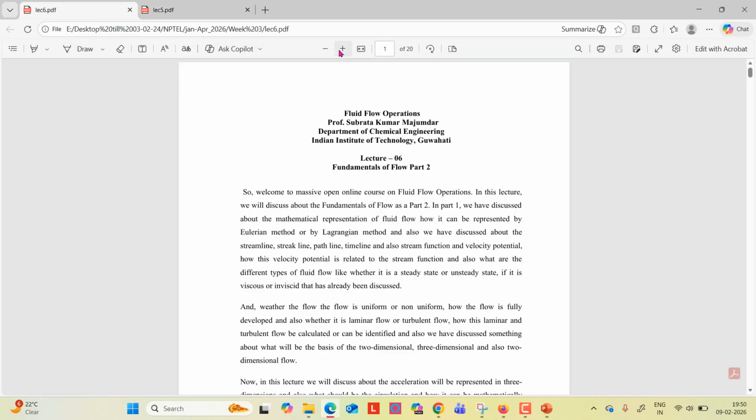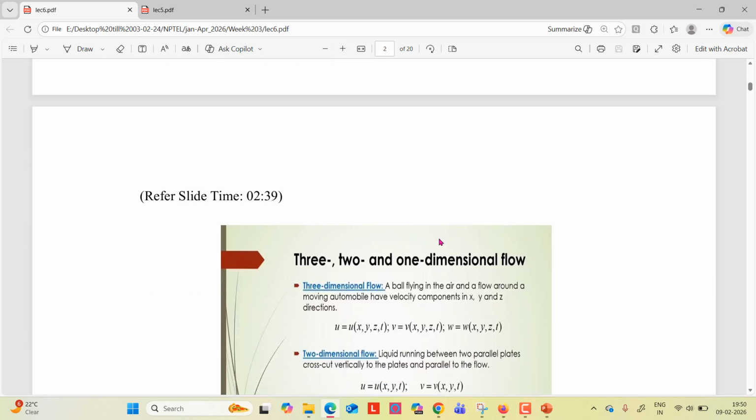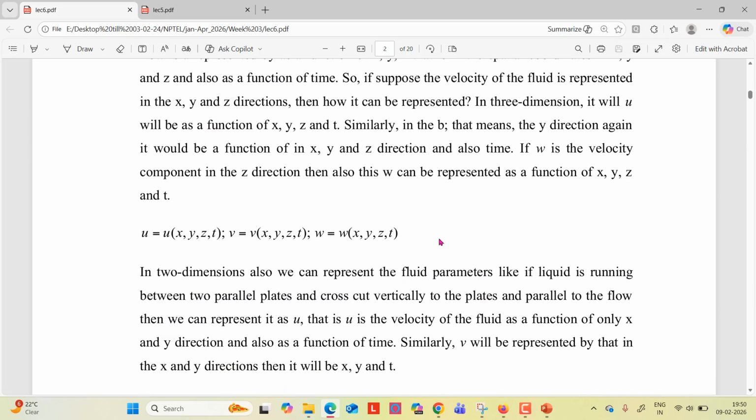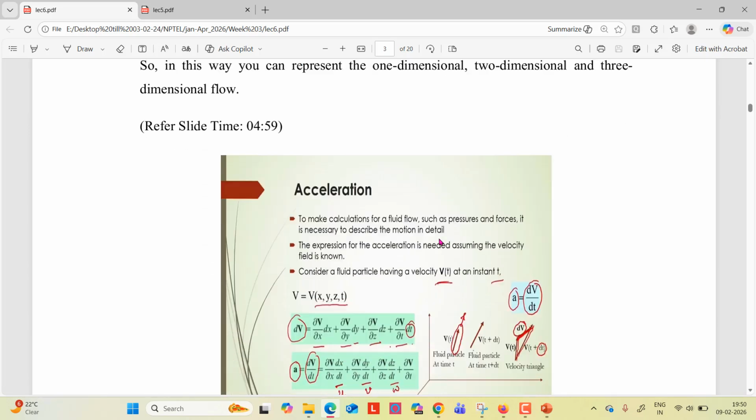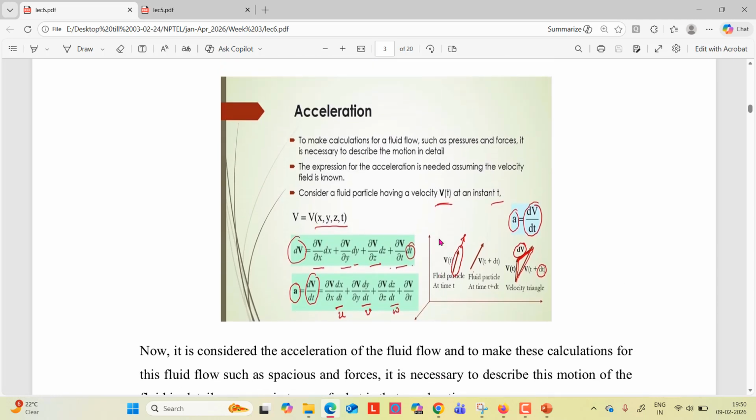And in lecture 6, it is mostly about flow acceleration. So you have known that v is a function of, suppose, x, y, z and t, and now comes the acceleration.